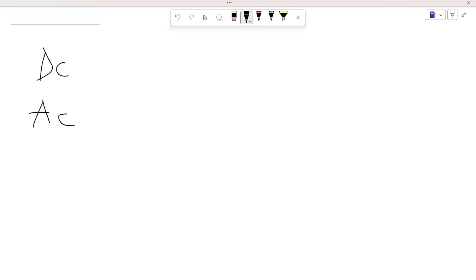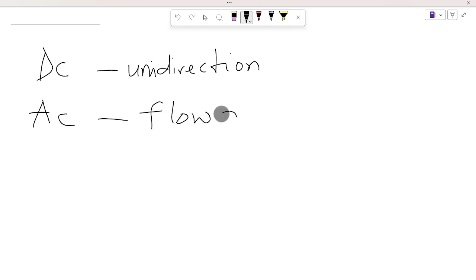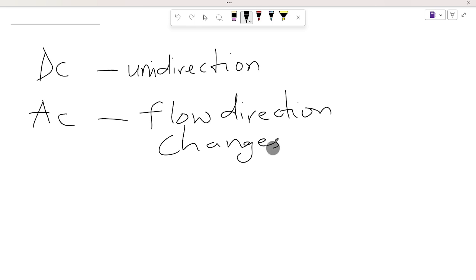For the DC, we know that it has a unidirectional flow, but for the AC, the direction of current flow keeps changing with time.